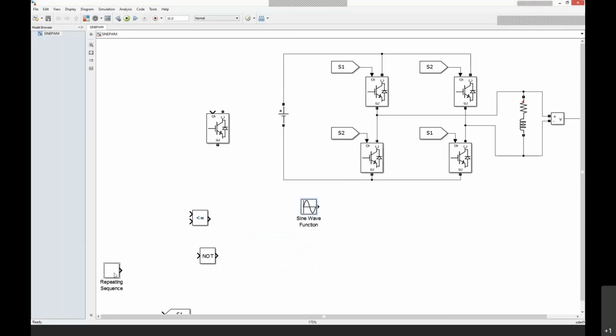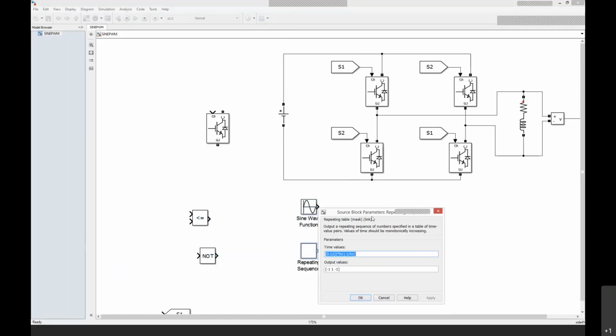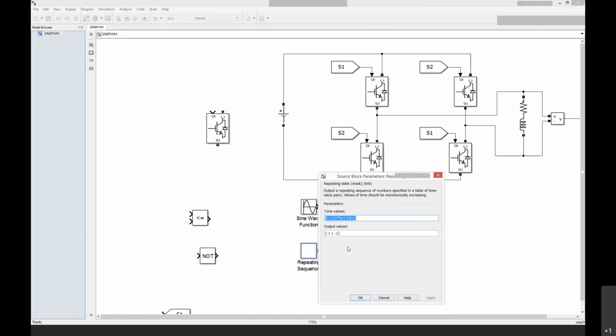Next we need to generate this repeating sequence. Either you can consider a triangle carrier, or else you can directly generate it by storing the values. Here I am generating a carrier signal of some frequency FCR. The carrier changes from -1 to 1 in one half of the period and from 1 to -1 in the rest.